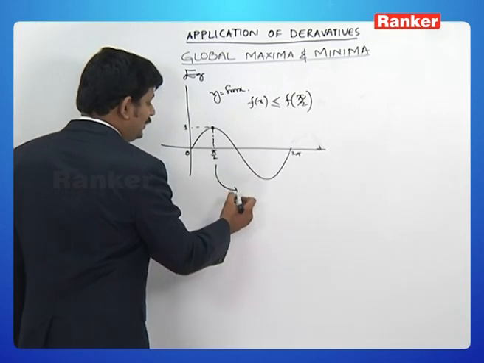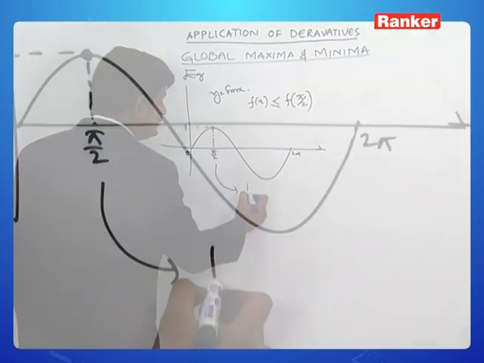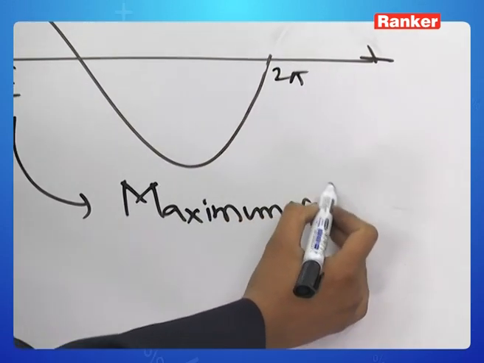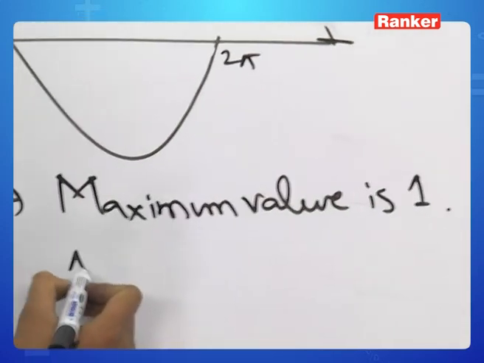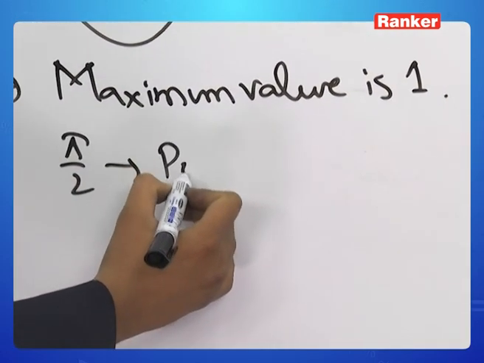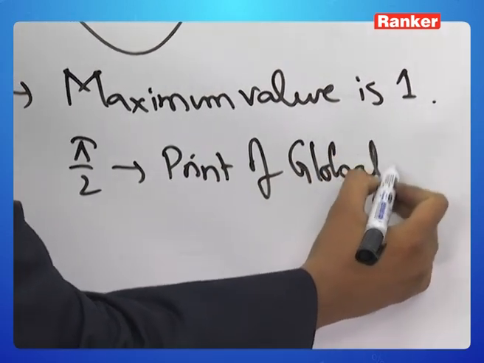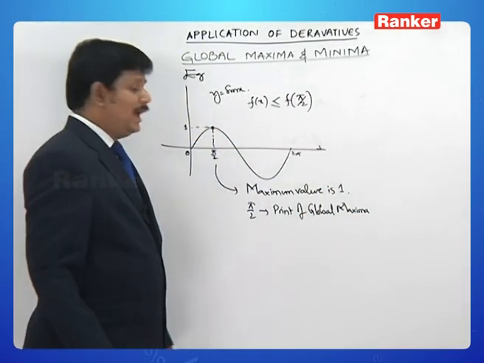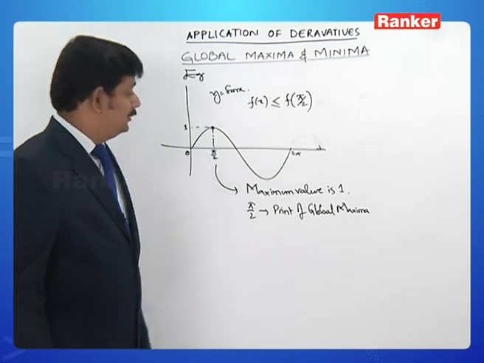Pi by 2 is called the point of global maxima or global maximum, and the maximum value or the global maximum value is 1.